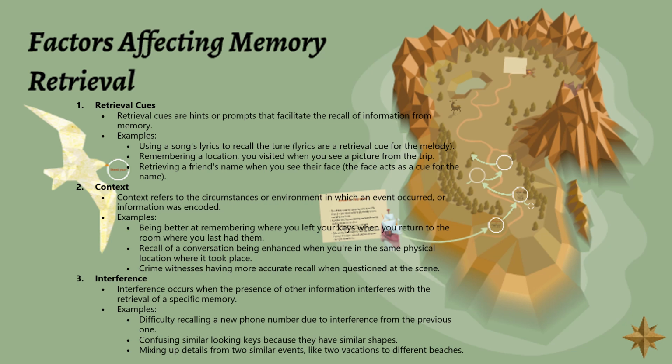Understanding these factors affecting retrieval is important for managing memory and optimizing the recall of information. Retrieval cues and context can be used intentionally to improve memory, while awareness of interference can help prevent memory lapses.